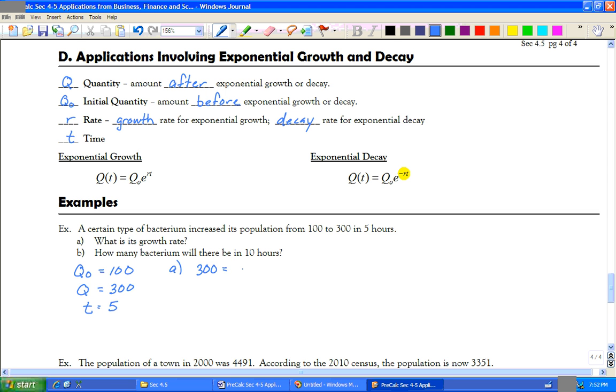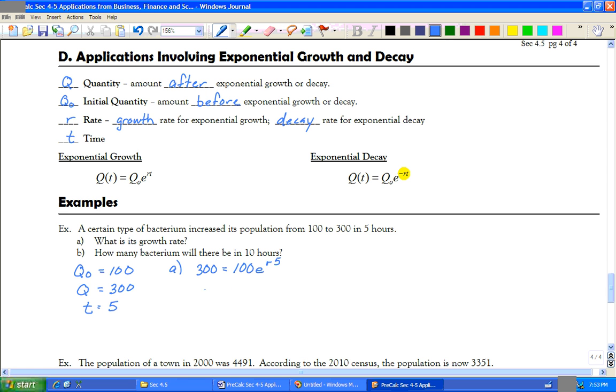So we have 300 is equal to 100 times e raised to the r times 5. And you can see that this is the same equation that we had for A is equal to Pe raised to the rt power, which is continuous compounding. Let me erase that. That's the same equation, just different variables.